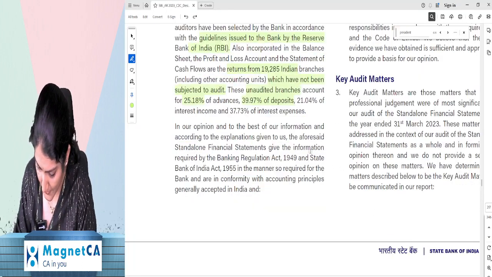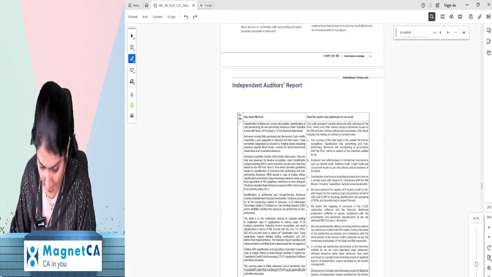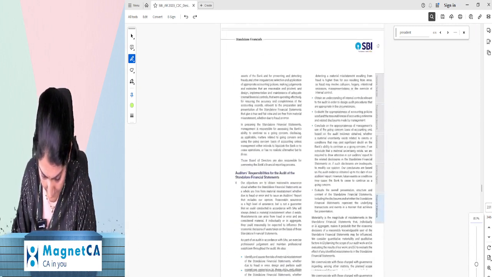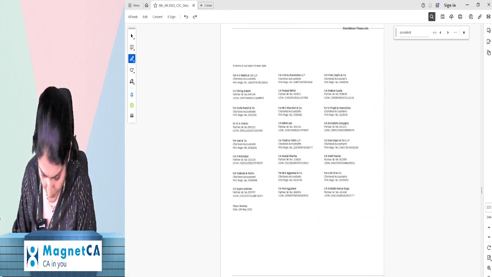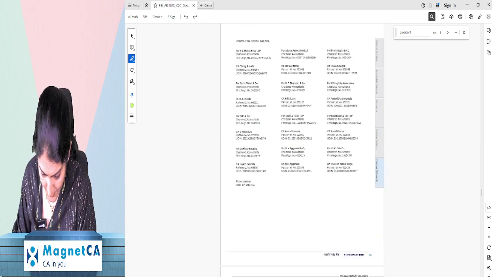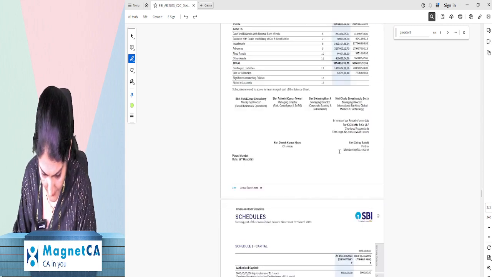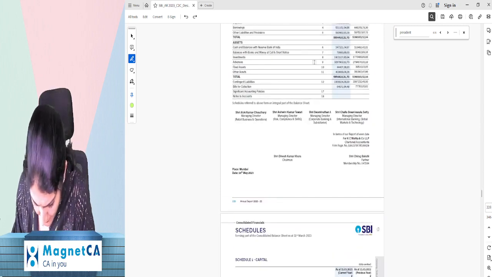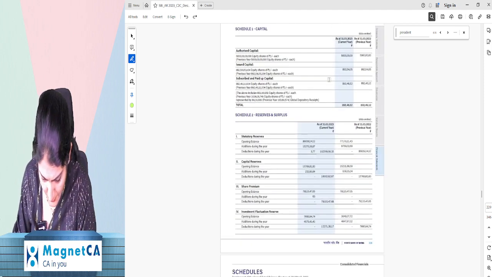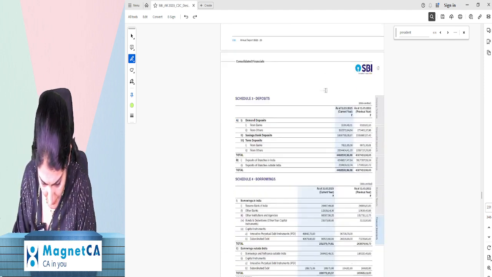Now when I talk about the advances, I quickly come to the State Bank of India, and this is their audit report, the annexure regarding the IFC, and then you see the advances given in note number 9, schedule 9.